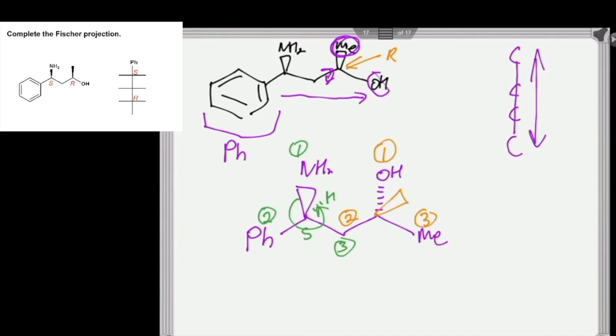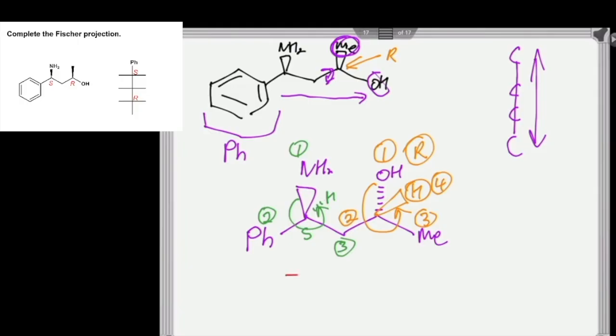Coming towards us is our hydrogen, and this appears to be an S. Lowest priority, number 4 here, is towards us, so this is still an R configuration. So if you're ever unsure about a manipulation, go back to your R/S notation. You can confirm any time you redraw the structure that you've drawn it correctly, because there should not be a change in the configuration of the centers that you're evaluating.